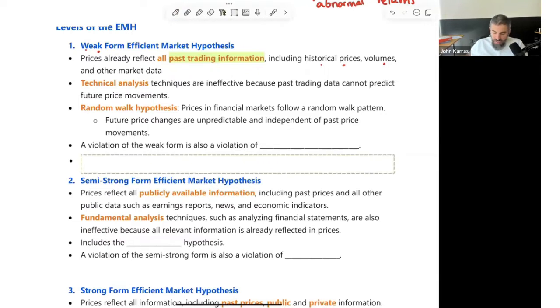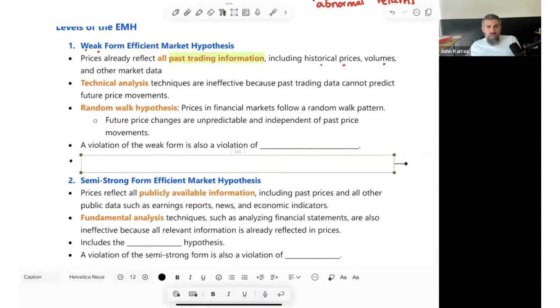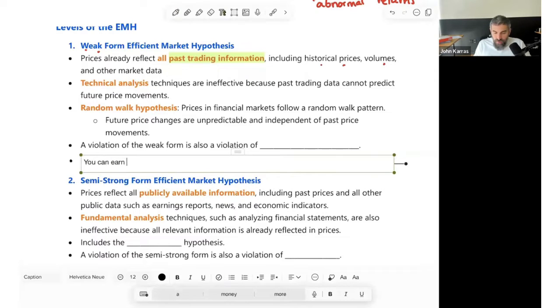I'm going to write it here. You guys are going to write it also. Okay. People who believe in the weak form believe that you can earn abnormal returns using public and private information. Those are the other two types. We're going to talk about them.